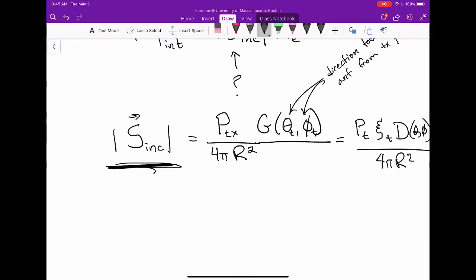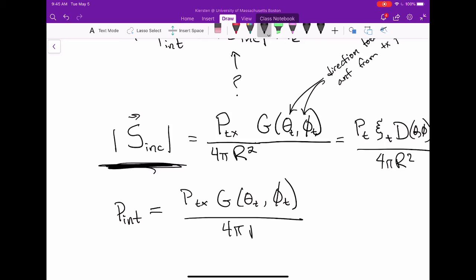So then, with that in mind, we know that the intercepted power at the receiver is equal to this incident power density, so PTX times the gain in the direction of the receiver divided by 4 pi r squared, times the effective area of the antenna, which is lambda squared over 4 pi times the directivity of the receive antenna when looking in the direction of the transmitter.